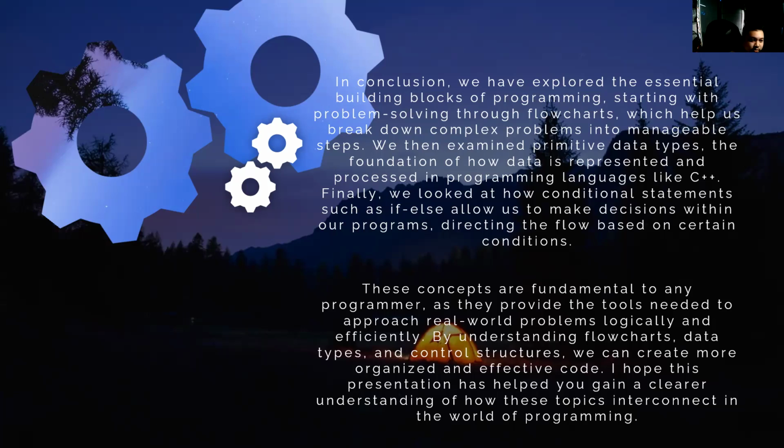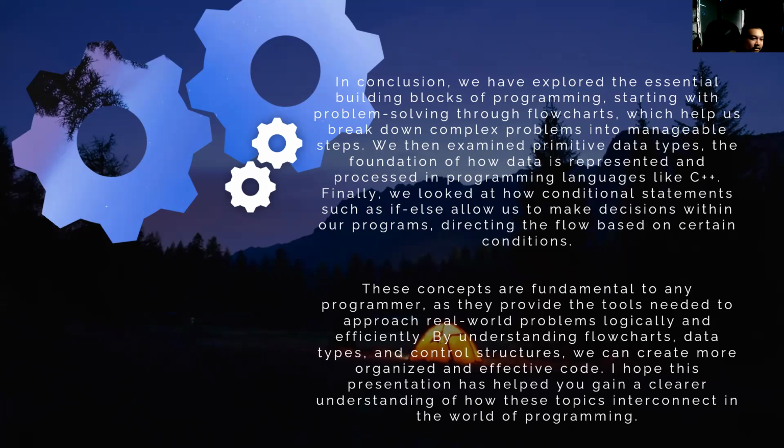Finally, we've explored conditional statements, which give us control over how programs behave under different conditions, true or false booleans. Now, each of these topics plays a critical role in programming. Flowcharts help us plan, data types process information, and conditional statements let us make decisions.